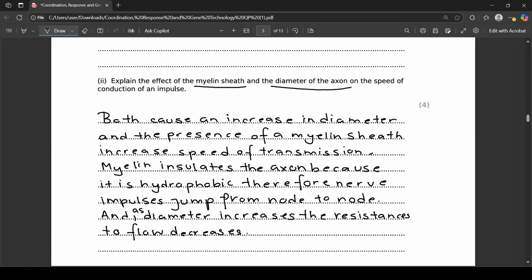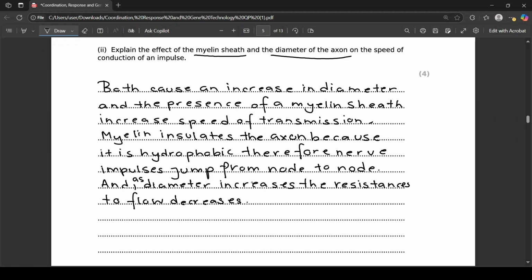Alright, so what the diameter does, as it increases, the resistance against the flow also decreases. So the nerve impulses transmit more quickly. Okay, so that's your full reasoning.